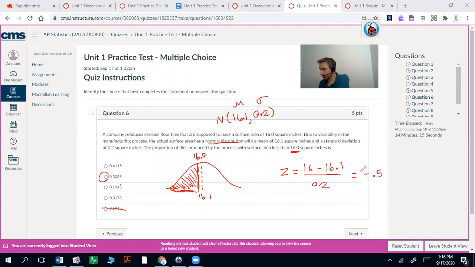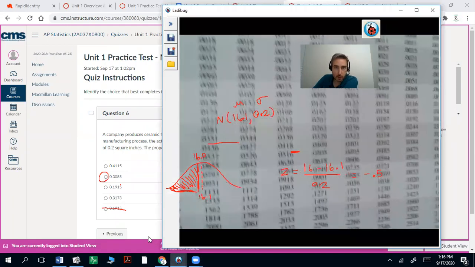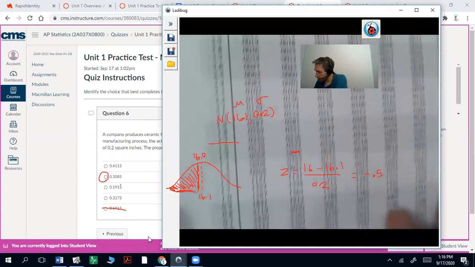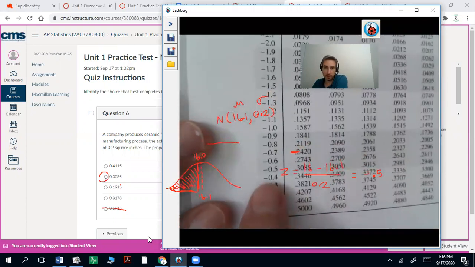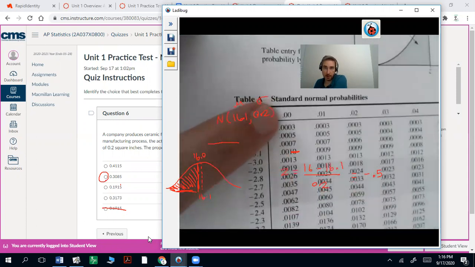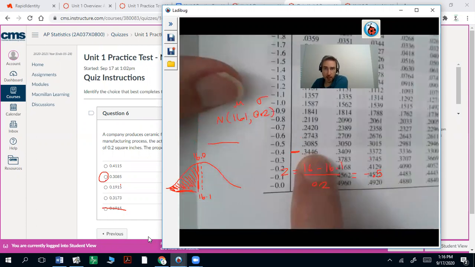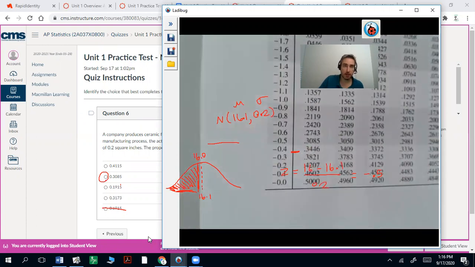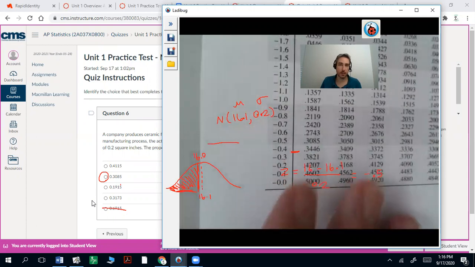So on the table, and I'm just going to get my table here. So -0.5. And you're going to use this number because the top column doesn't have any numbers after the 5. So it would be 0.3085, same number that we got from the calculator, but just a couple more steps because getting the z-score and looking at the table is going to take a little bit more work.